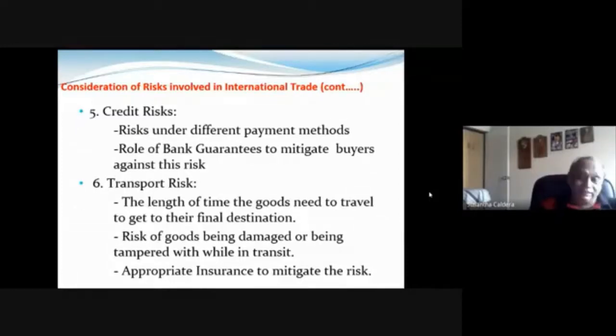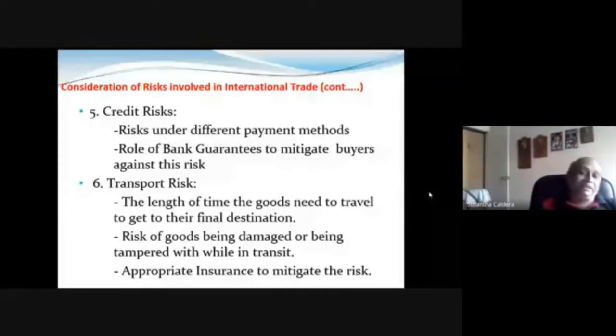Then collection, we are mitigating the risk up to a certain extent, but still the banks will not give me an undertaking. Okay, so again there's a risk. Then role of bank guarantees to mitigate buyers against this risk.